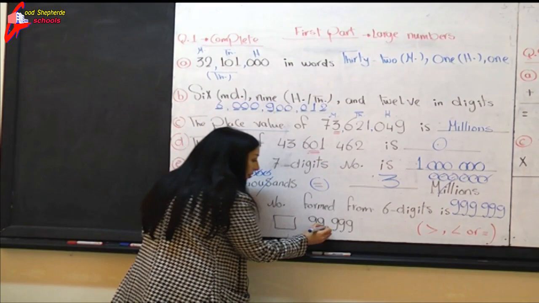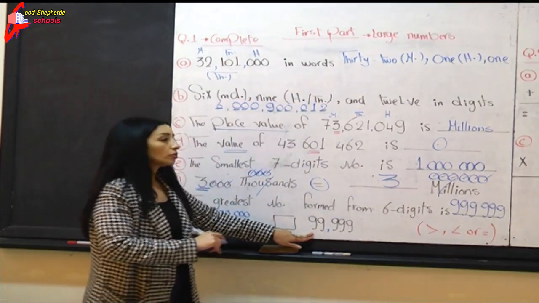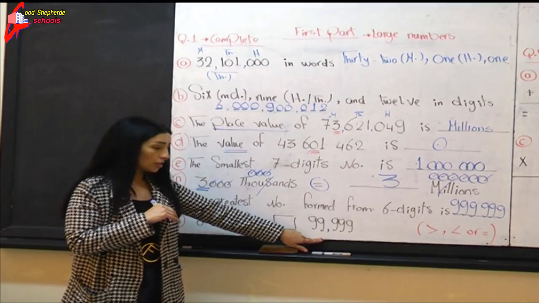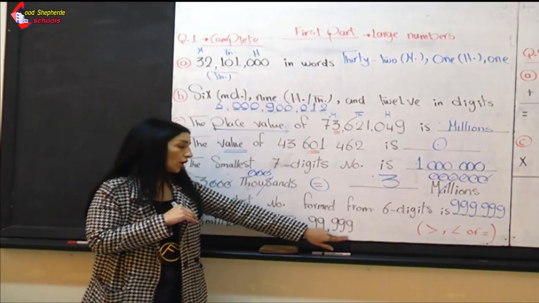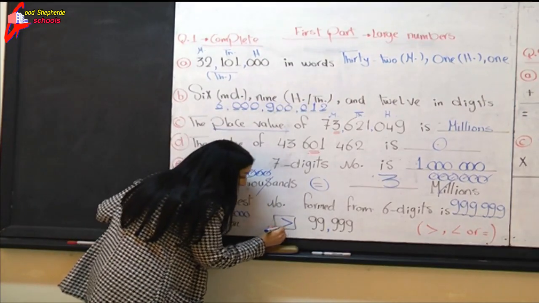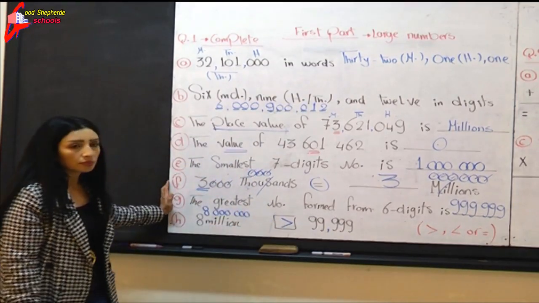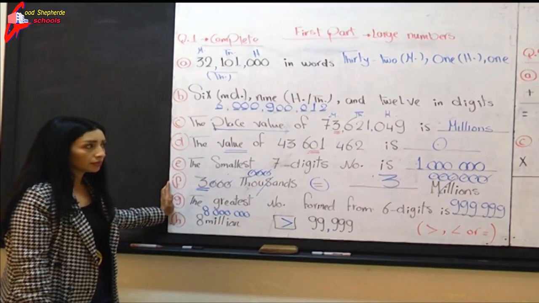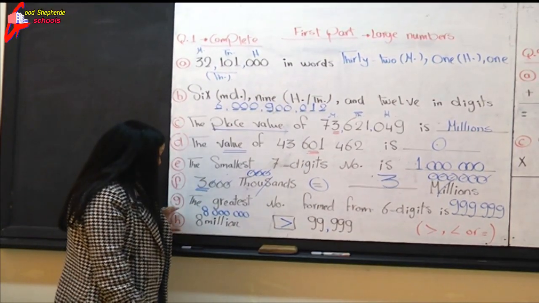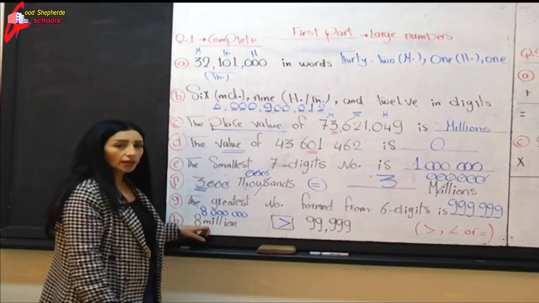But this number is called 999,999. 8 million is greater than this number. To compare between any two numbers, we must solve it first.